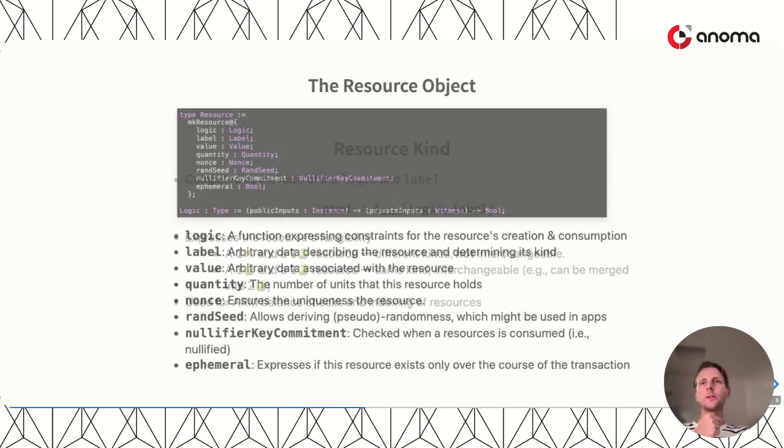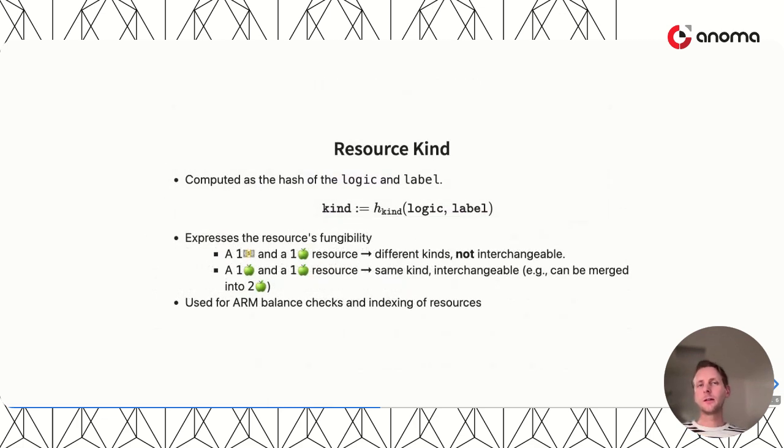Right, so this is the resource object, and you can compute certain other values or components from this object. One is the kind we already discussed, which is the hash of the logic and the label. This expresses the fungibility of a resource and with which other resources you can interchange it.